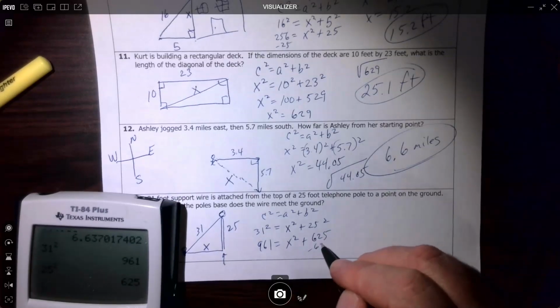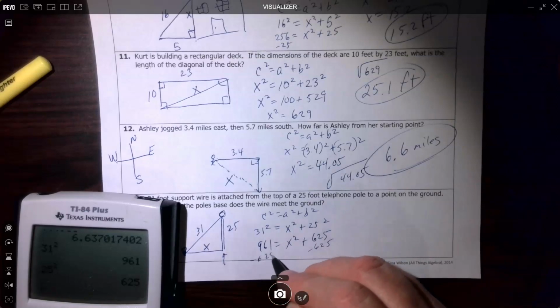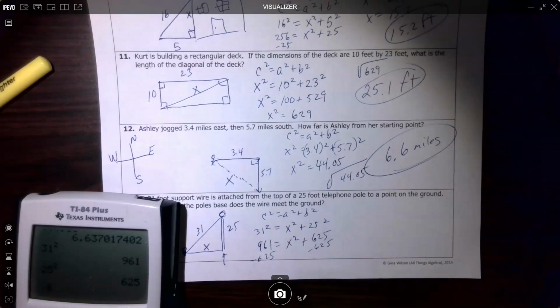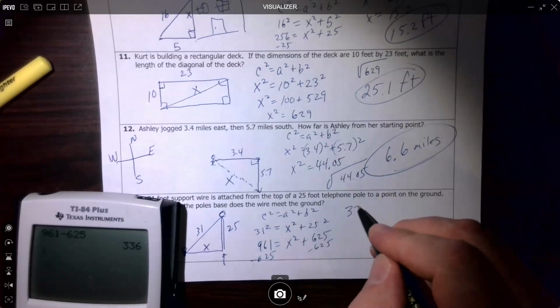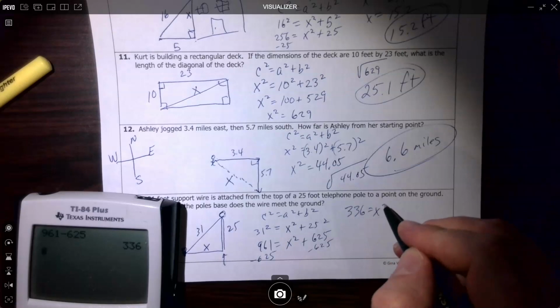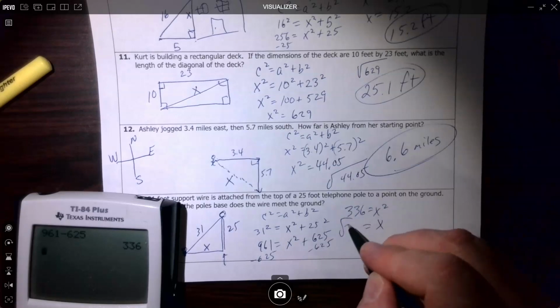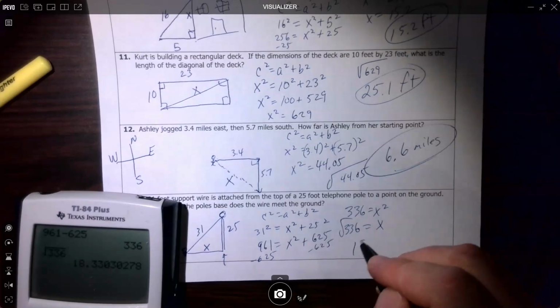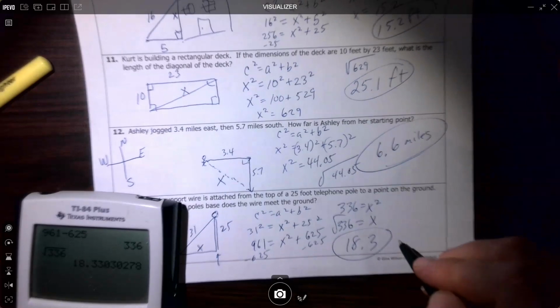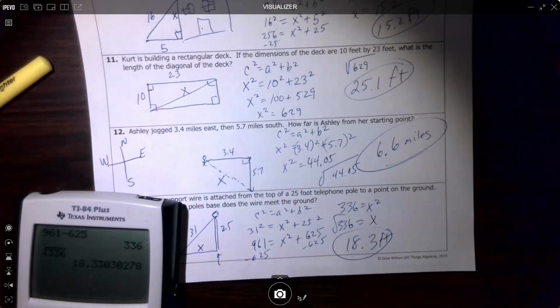Subtract those. 961 minus 625 is 336. And that's x squared, so x is equal to the square root of 336, which is 18.3 feet. So I'll put that.